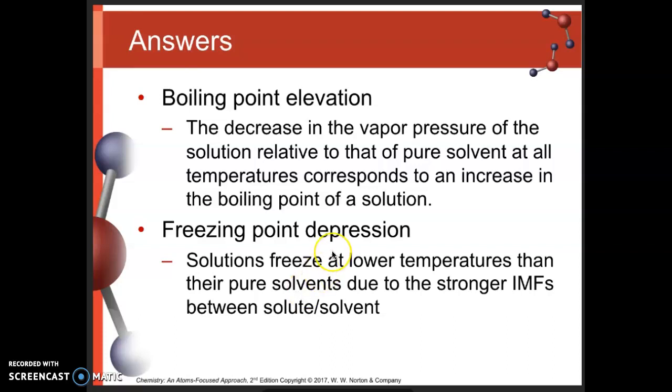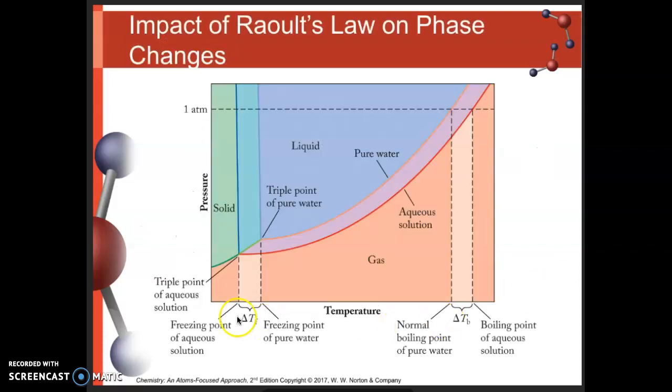So the whole point of today is to look at whether we can actually calculate what these values are. Can I predict how much the boiling point is going to change, or how much the freezing point is going to change, of a given substance when we turn it from a pure substance to a solution?